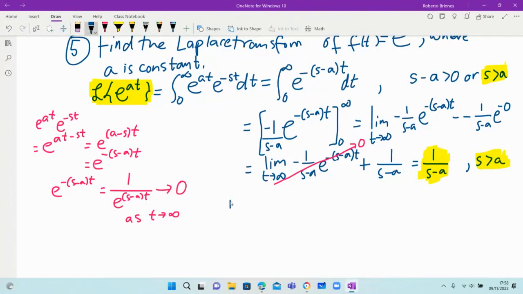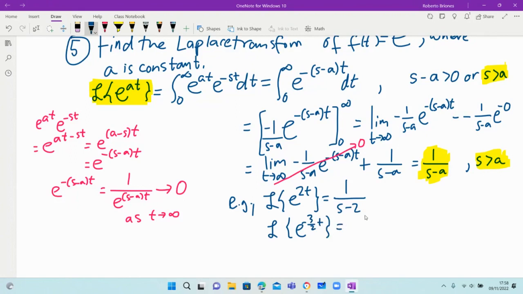For a concrete example, the Laplace transform of e raised to the 2t will be equal to 1 over s minus 2, while the Laplace transform of e to the negative 3 over 2 t will be equal to 1 over s minus negative 3 over 2, and that becomes 1 over s plus 3 over 2.